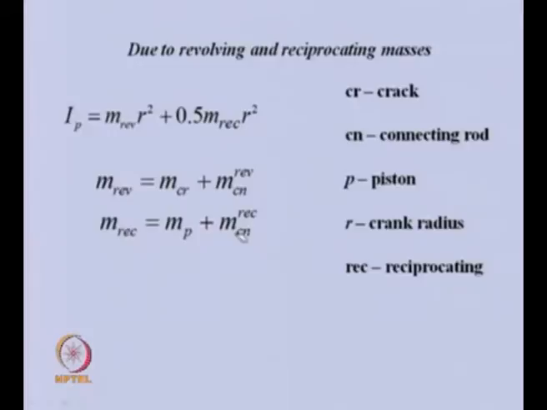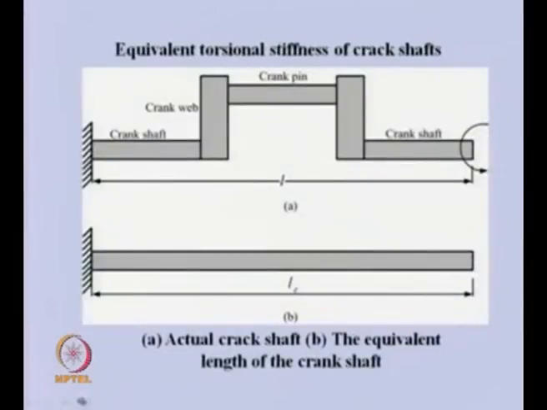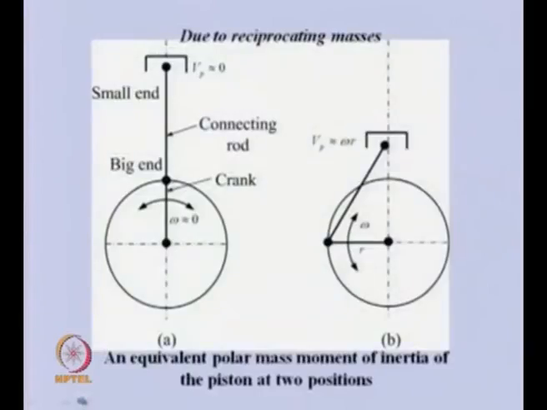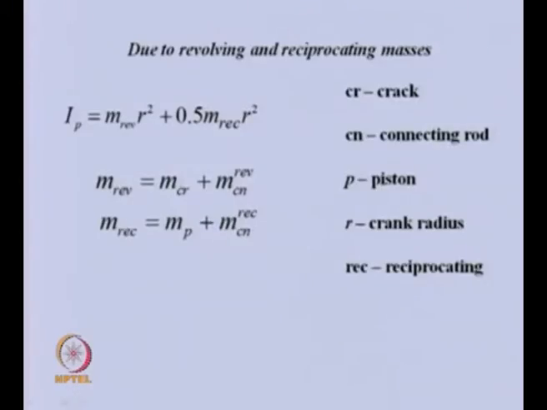This particular mass corresponds to this component, because it is attached to the piston, so this mass will add up to the piston mass. Now we could get the equivalent polar moment of inertia of the whole crank, connecting rod and piston.